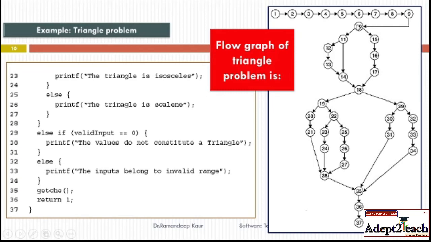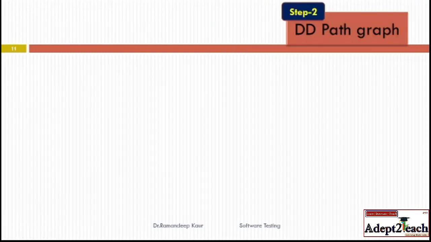So like 10 is a decision node with two outgoing arrows, 11 and 15. So 11 is my decision node with two outgoing arrows, 12 and 15, which means if true, then it will go to 12. If false, then it will go to 14. So this is how I am going to give more focus to decision nodes rather than sequential nodes.